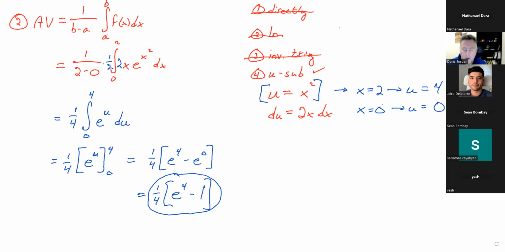And if you were to go back into terms of x, the u would just stay the same, right? Because it's an e. If you went back in terms of x, you'd integrate it and it would look like 1/4 e to the u, and then you would change it back into e to the x squared, going from 0 to 2.